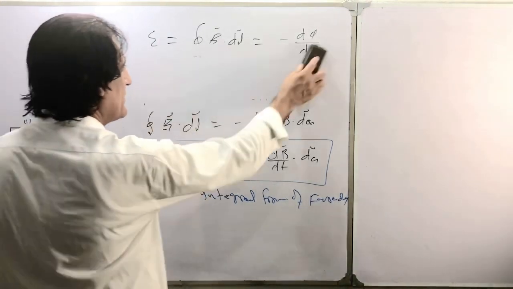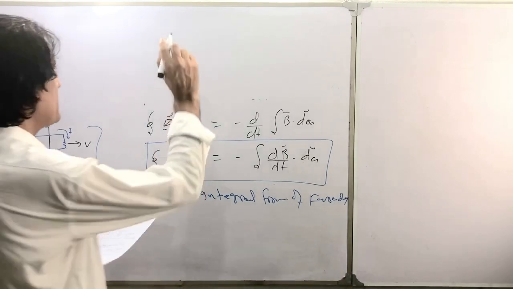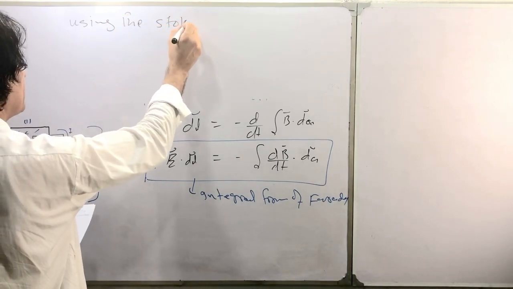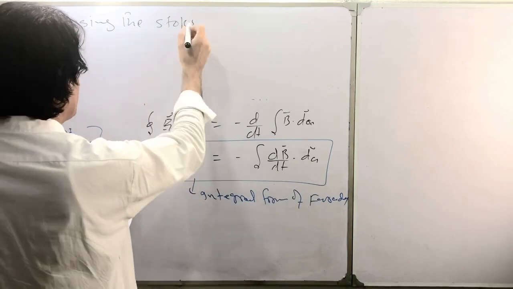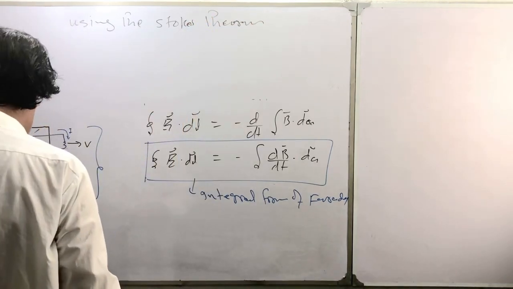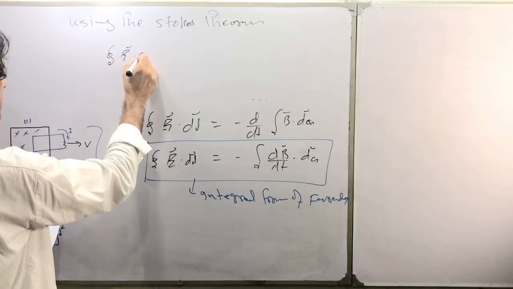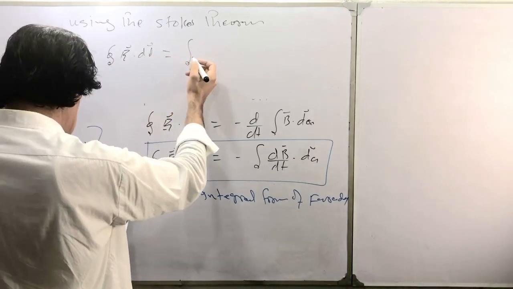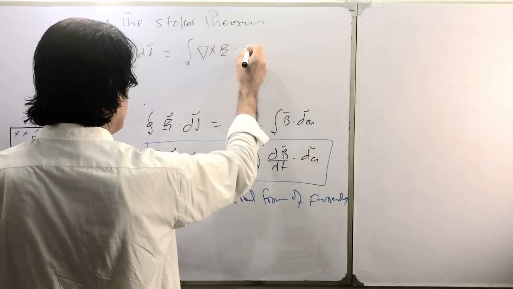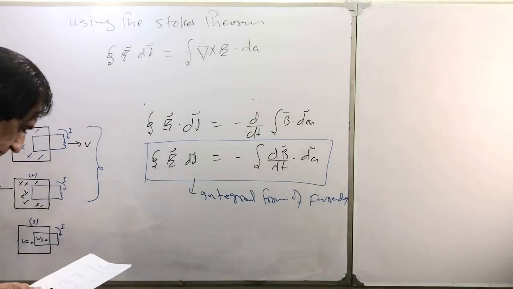We know Stokes' theorem: ∮E·dl equals ∫(∇×E)·dA.